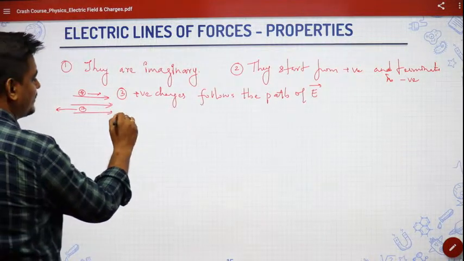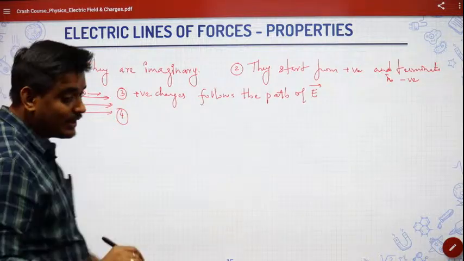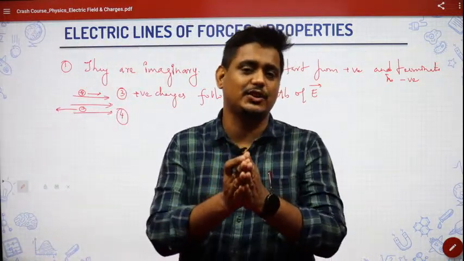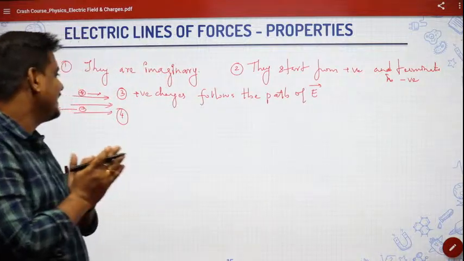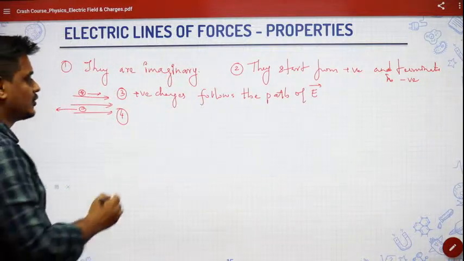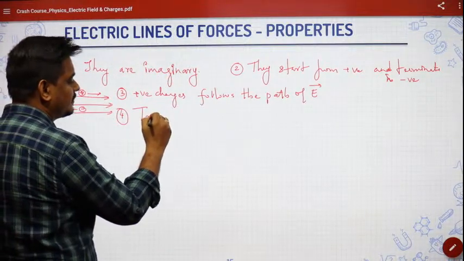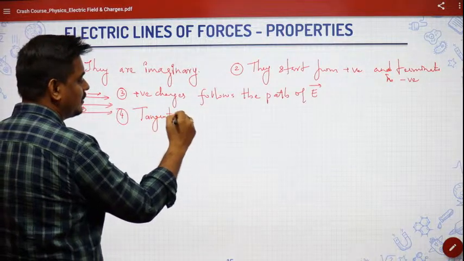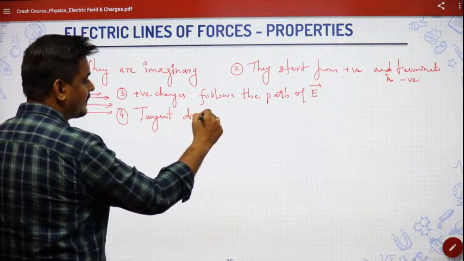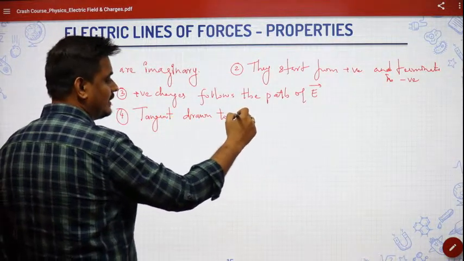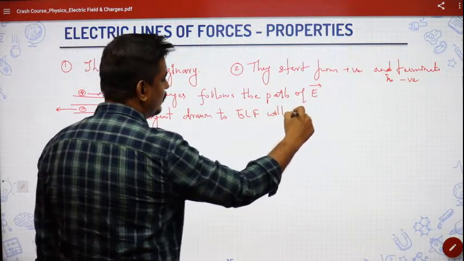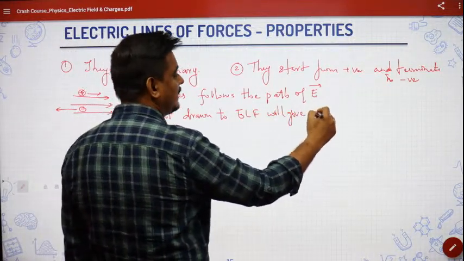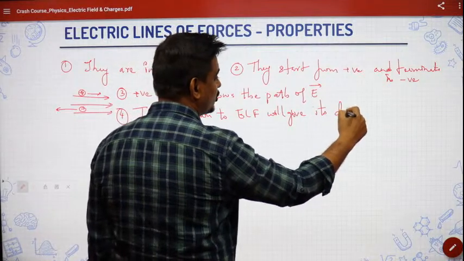The fourth point, we all know very well that if you draw a tangent to the electric lines of forces, it will give you the direction of electric field. So the tangent drawn to electric lines of forces will give you its direction. What is the direction of electric field?